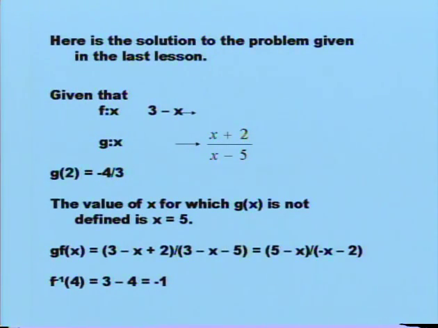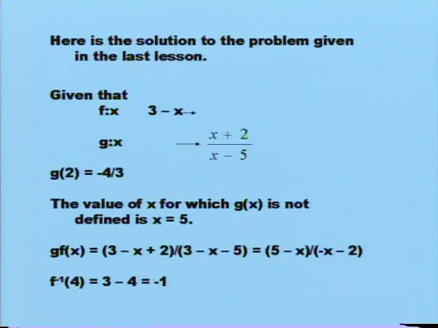You look for a value of x that will make the denominator 0. The value of x that will make that denominator 0 is 5. Hence, when x is equal to 5, the function is not defined.